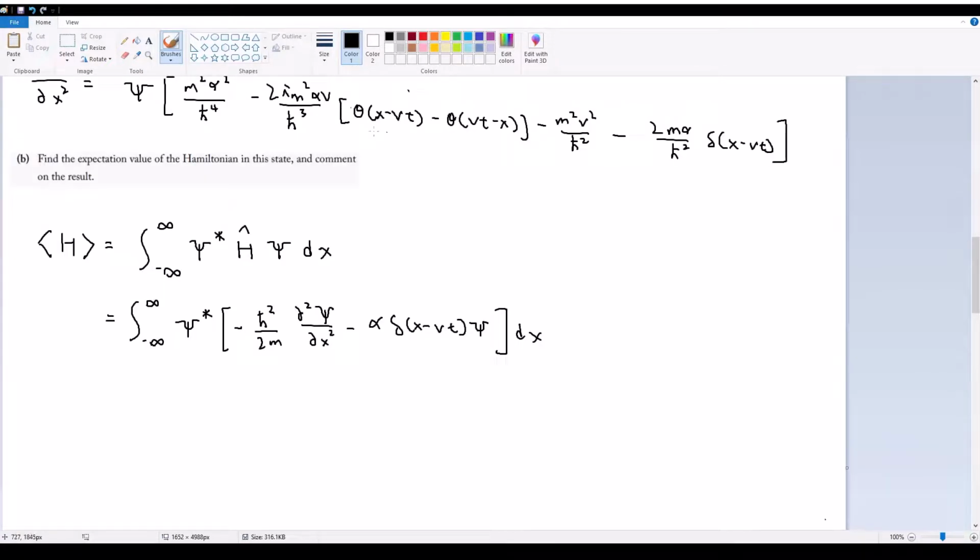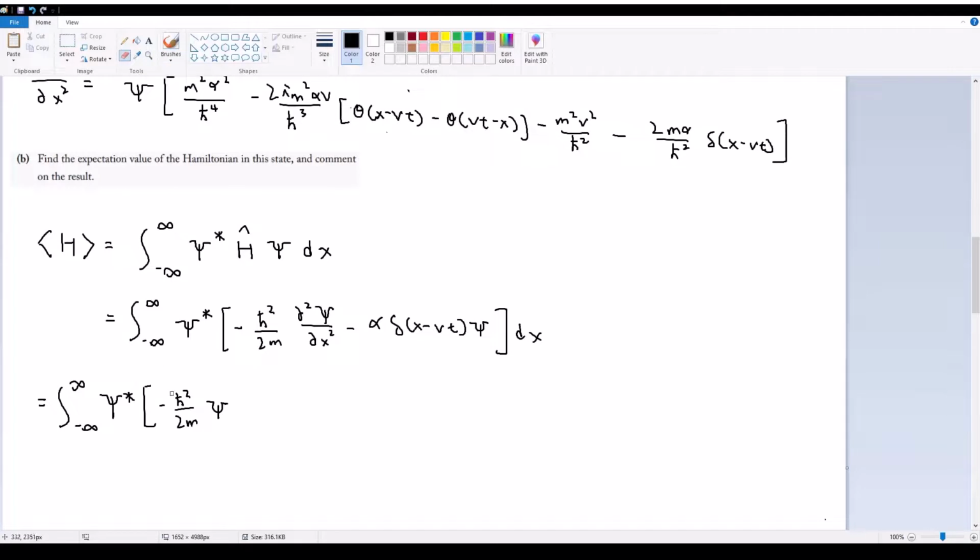So from now on we're going to rewrite every instance of the step function as signum, in which case this gives us the integral from negative infinity to infinity of psi star multiplied by negative ħ²/2m times the second derivative, which is going to give us psi multiplied by everything here.